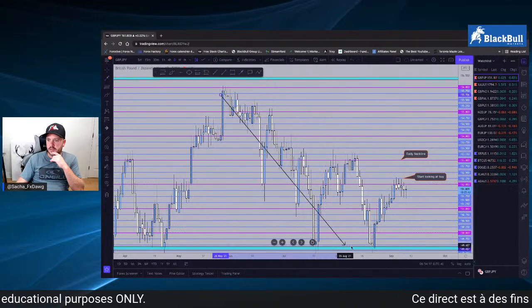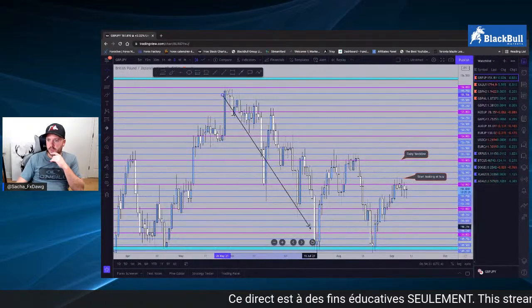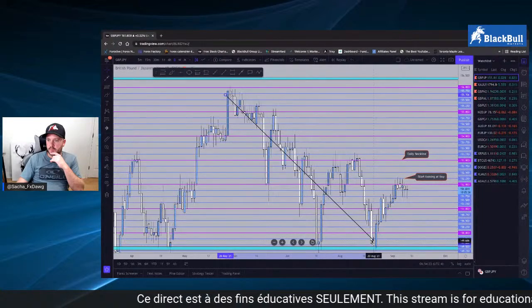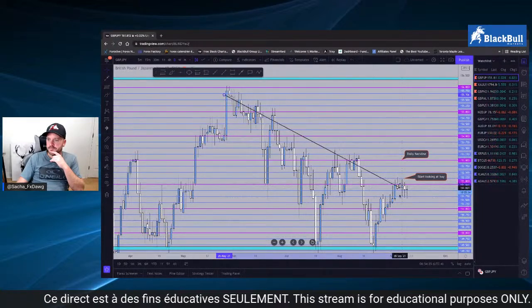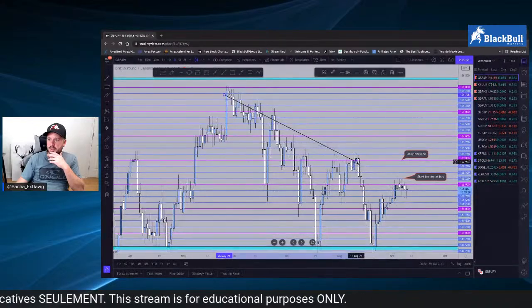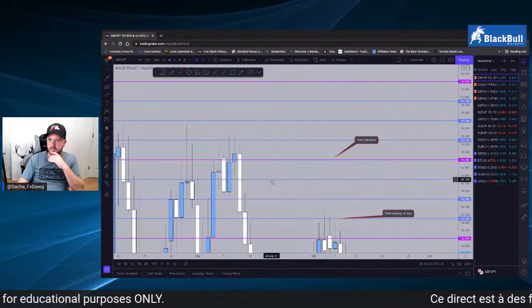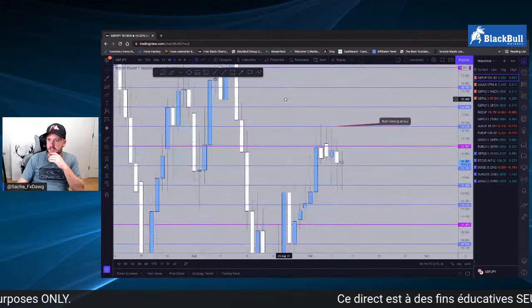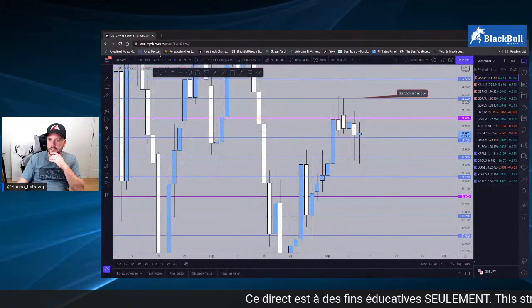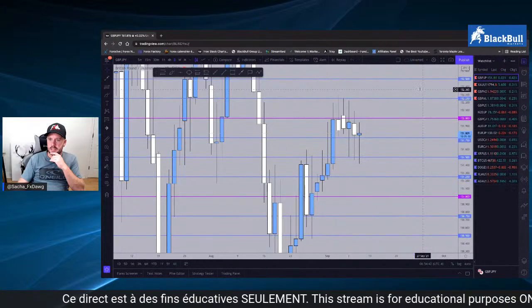But we didn't create a lower low either, lower low, lower low, lower low, double bottom, right? So now we've got to check what's gonna happen, but it looks like we're gonna continue down on this daily time frame, right?